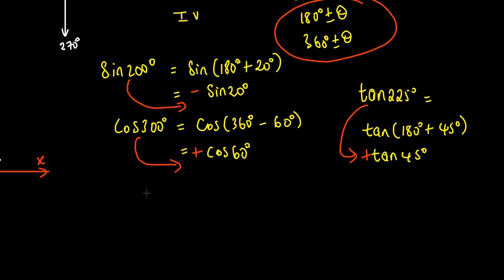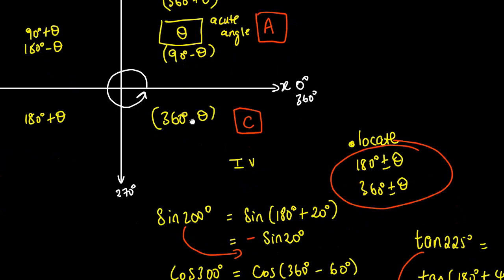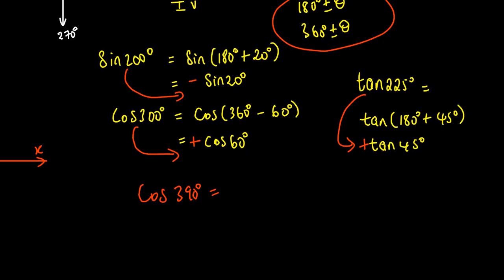If I find myself having cos, let's just say 390 degrees, I have to locate that and say, well, 390 degrees is bigger than 360. That means you're talking about the first quadrant, 360 plus. That means I must write 390 as cos of 360 degrees plus a certain angle.